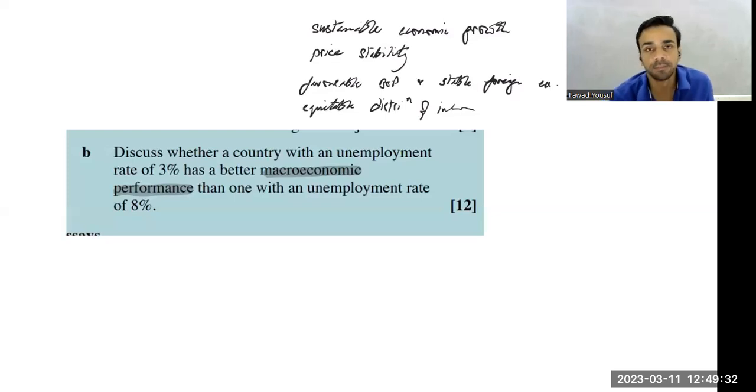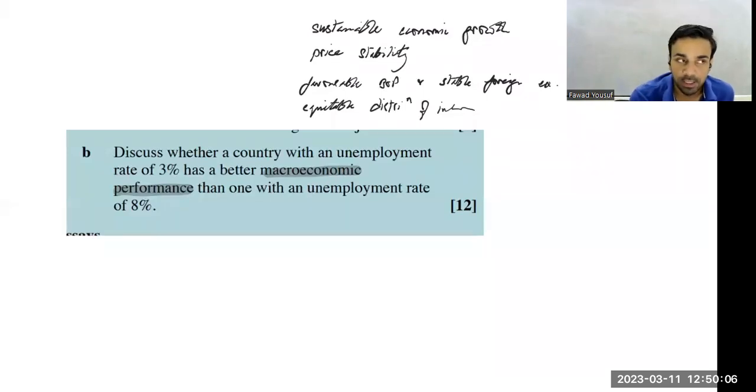On the other hand, the disadvantage of unemployment I want to talk about is that 8% would mean that out of every 100 people, 8 people are unemployed. So that's loss of income for that household. There's loss of expenditure, there's loss of GDP, there's a possibility of crime and vandalism and sociological factors.